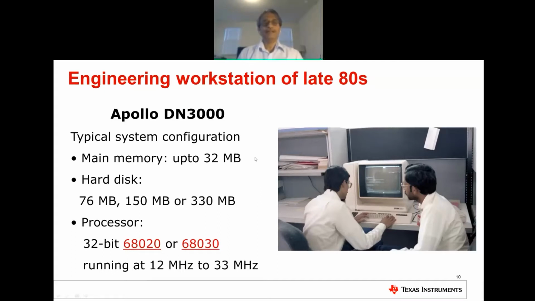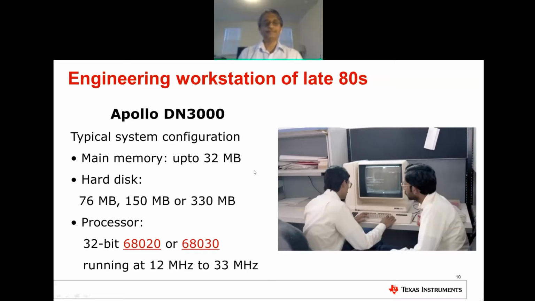And just look at that configuration, the main memory, hard disk, and the processor megahertz. I think it's really evident that we have done chips based on these, and through that bootstrapping, if you will, today the Ms have become giga, and now giga is becoming tera, and so on.